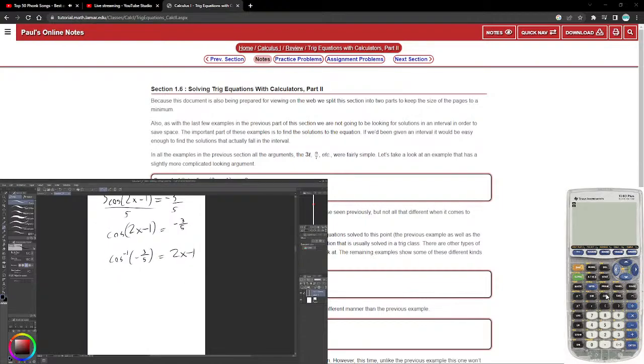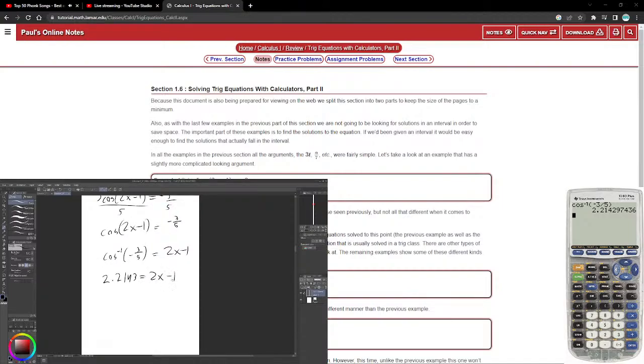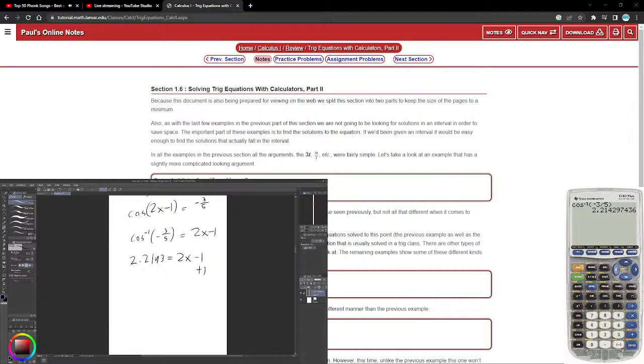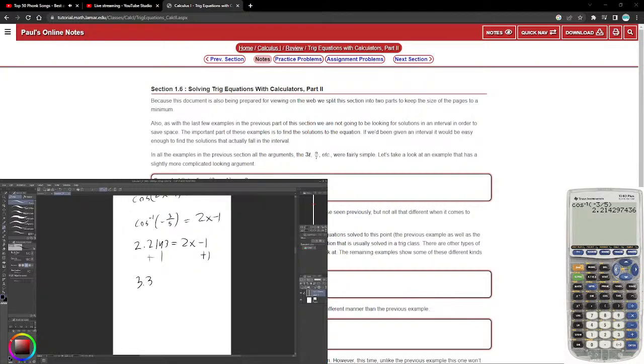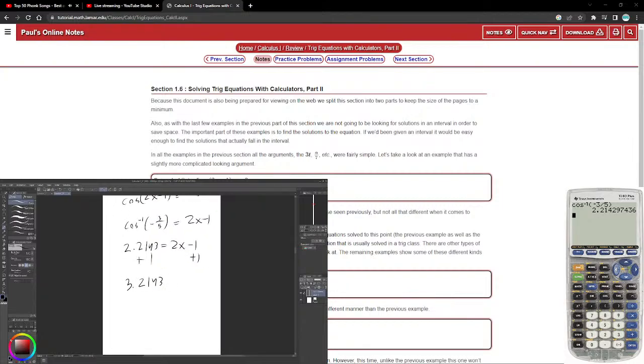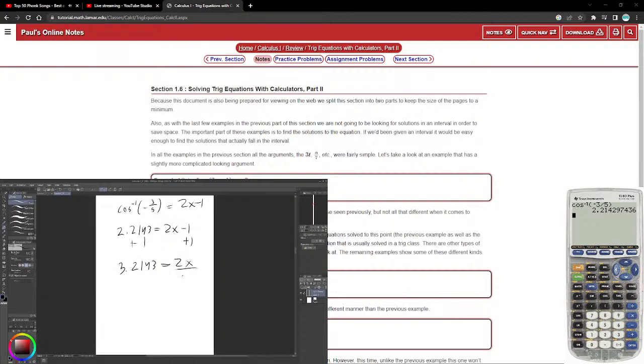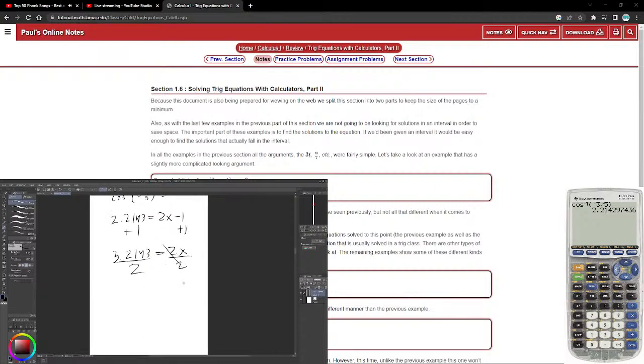So inverse cos of -3/5 is 2.2143. 2.2143 equals 2x minus 1. So we're going to add 1 on both sides. 3.2143 equals 2x. Divide by 2 on both sides.